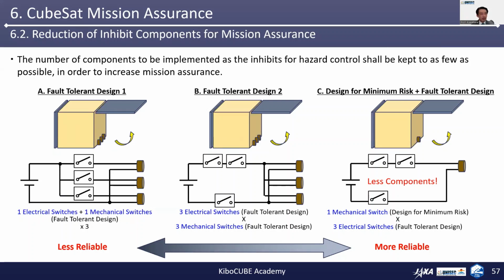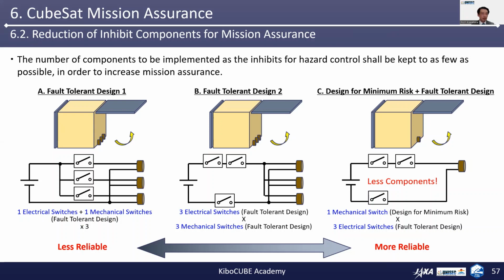So in this next slide, I'd like to discuss the importance of reducing inhibit components in order to achieve a higher mission assurance for CubeSat systems. The number of components to be implemented as the inhibits for hazard control are dependent on the design approach of the satellite system, as illustrated in the figure below, and shall be kept to as few as possible in order to increase mission assurance.